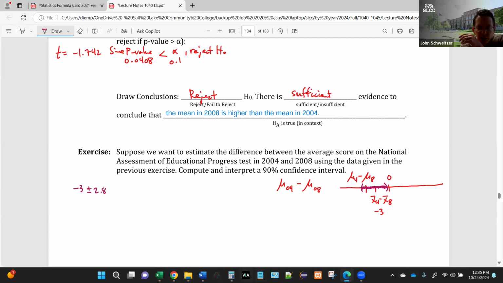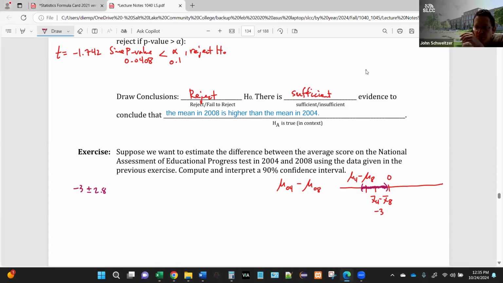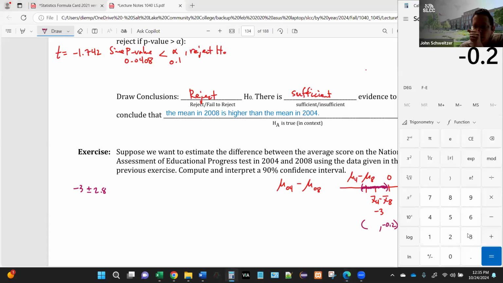Okay, so let's pull out the calculator here. If I have negative 3 plus 2.8, that gives me negative 0.2. And then if I go negative 3 minus 2.8, that's negative 5.8.